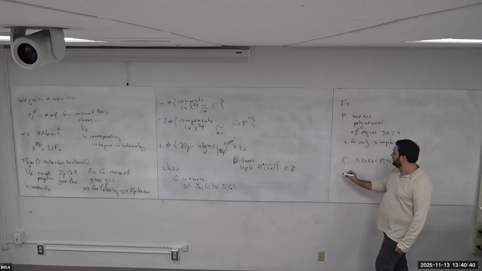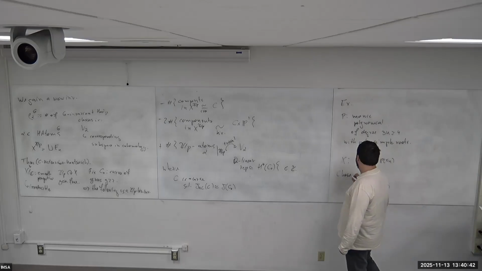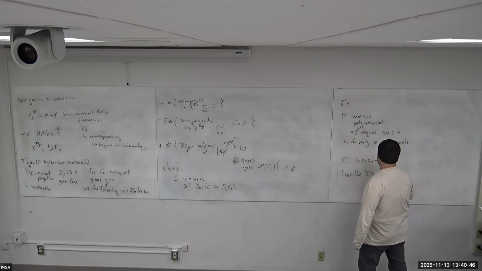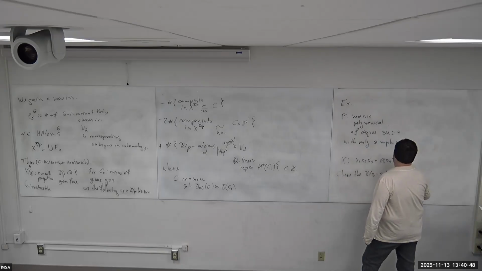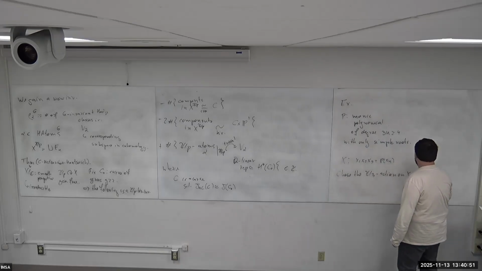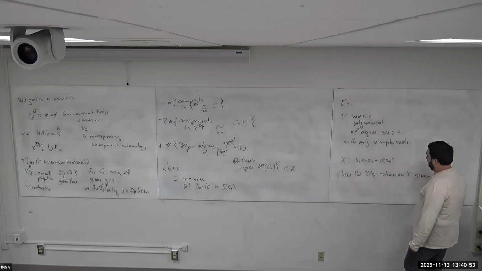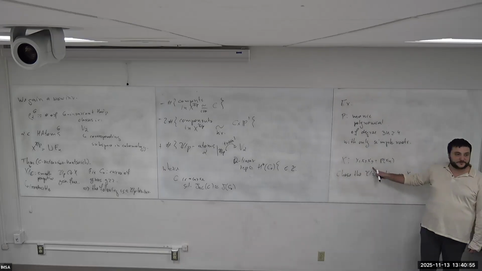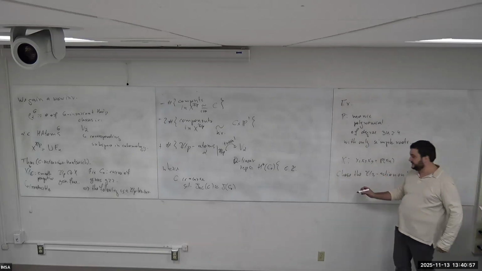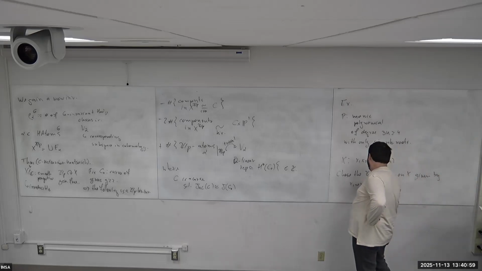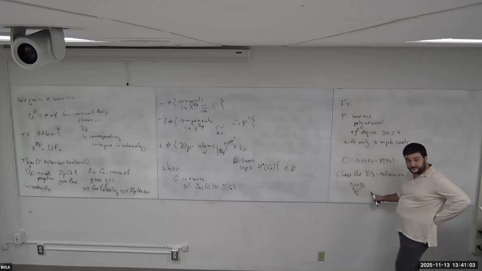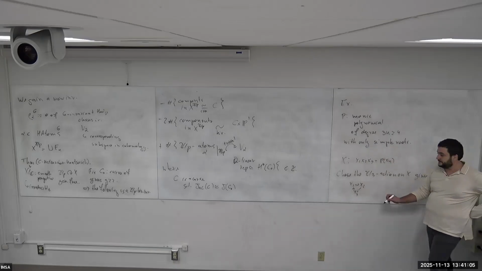All right, now choose the Z3 action on X given by cyclically permuting these coordinates. So this is the action, right?